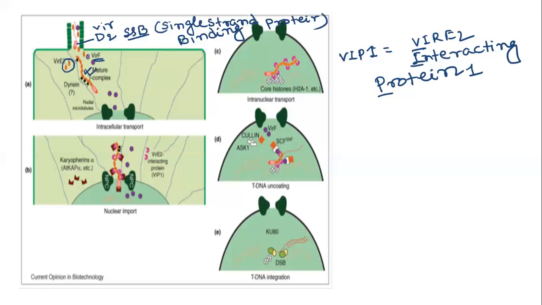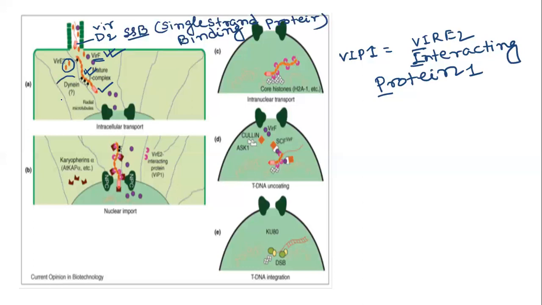So VirE2 and VirD2 are destroyed by the proteasomal degradation machinery, and ubiquitin is added to VirD2 and VirE2 by VirF, and they are degraded.